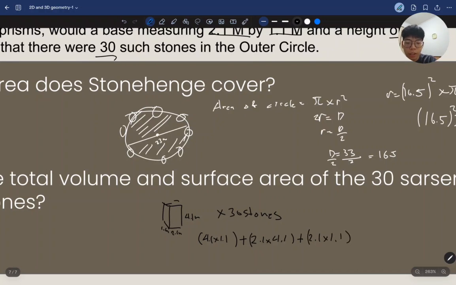The reason is that this part is 4.1 times 1.1, while this part is 2.1 times 4.1, and lastly this part is 2.1 times 1.1. And since there is one more side that's exactly the same for each, we should multiply by 2 on the outside.